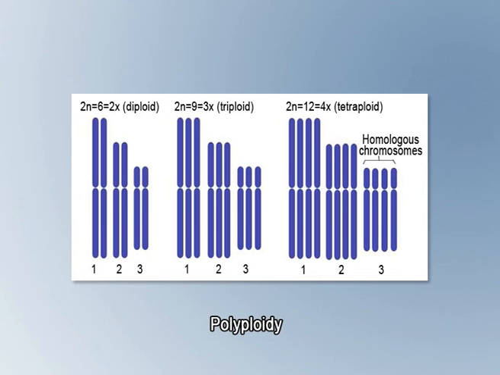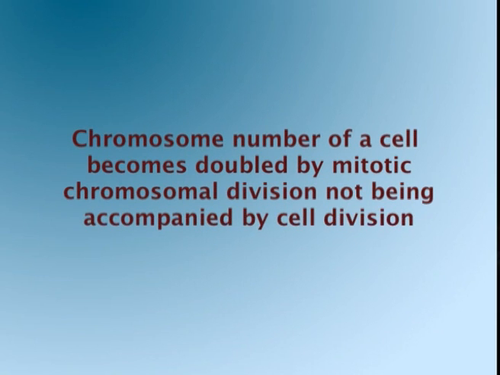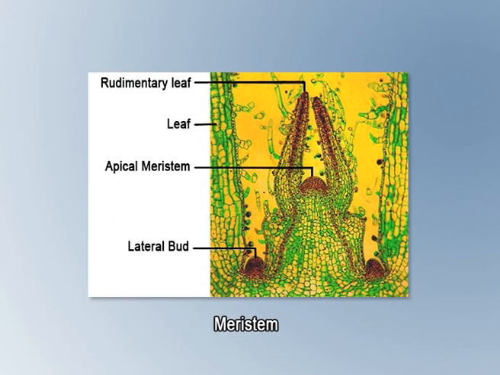Polyploidy is known to arise by either somatic or meiotic processes. In the former case, the chromosome number of a cell becomes doubled by mitotic chromosome division not being accompanied by cell division. This cell, if it is part of a young embryo or meristem, can soon develop into a substantial piece of tissue which gives rise to a plant or shoot which produces flowers with diploid microspores and megaspores and hence tetraploid seeds.